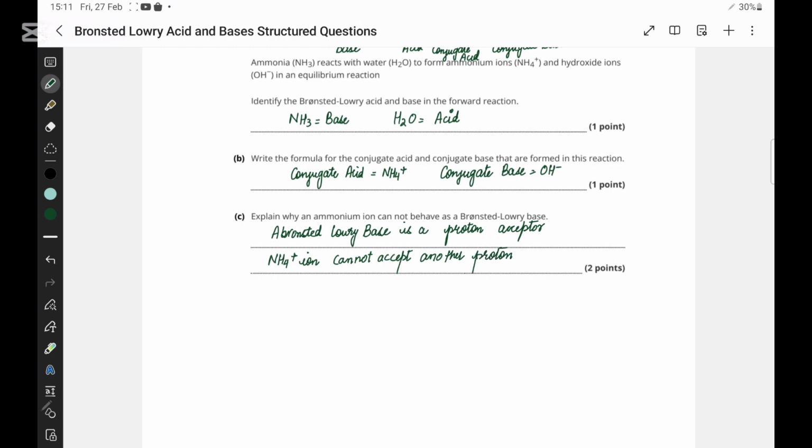Why? As the outer shell of nitrogen cannot form any more bonds.